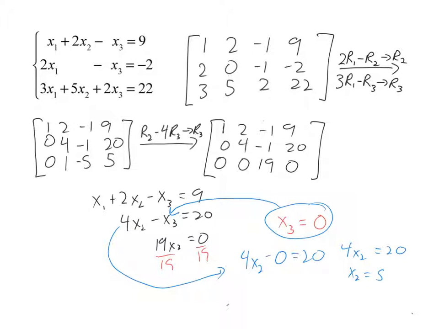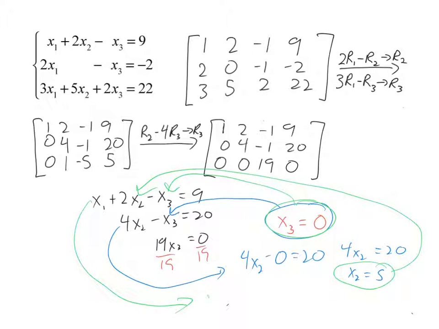Then what I can do is replace this here and this here, which then gives me x1 plus 2 times x2, so 2 times 5 is 10, minus 0 equals 9. Subtract 10 from both sides, and you get x1 equals negative 1. So you end up getting negative 1, 5, 0 as your answer.